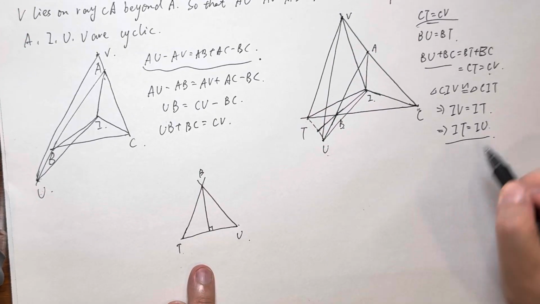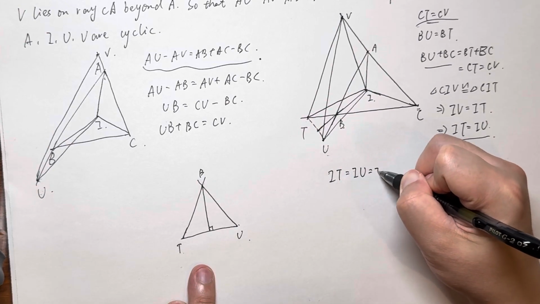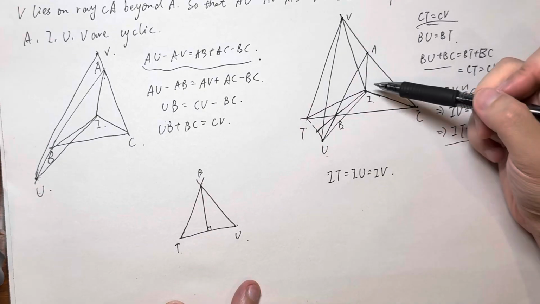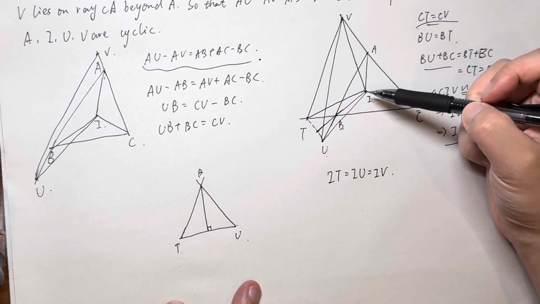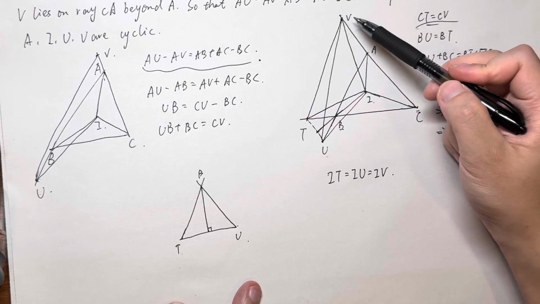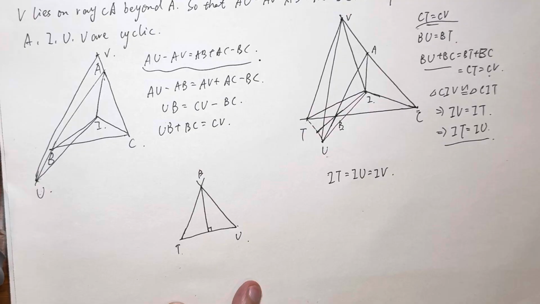This is important. So we have IT equals IU equals IV, right? Which means I would be the circumcenter of the triangle VTU.